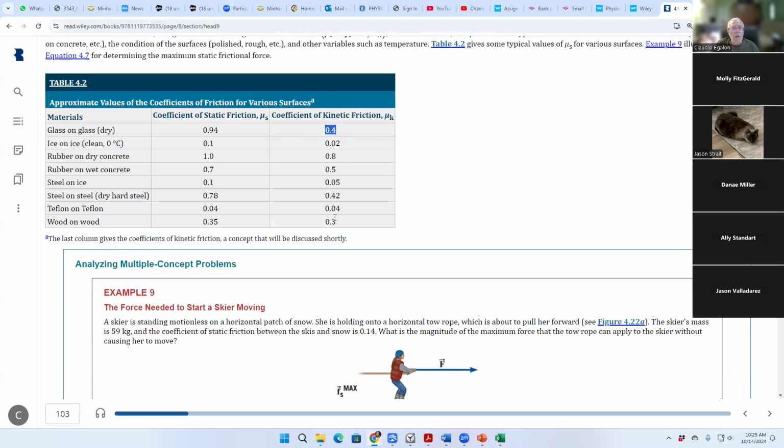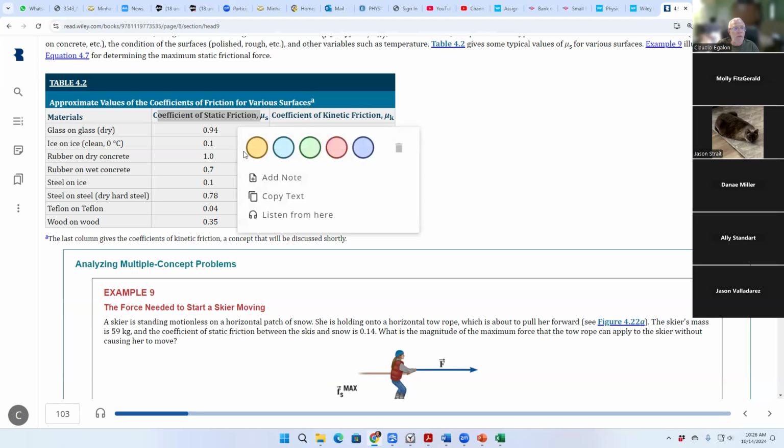In general, the coefficient of kinetic friction is going to be less than or equal to the coefficient of static friction. And don't forget that the equation, mu sub s times the normal, applies only to the maximum value of the force of static friction, right?